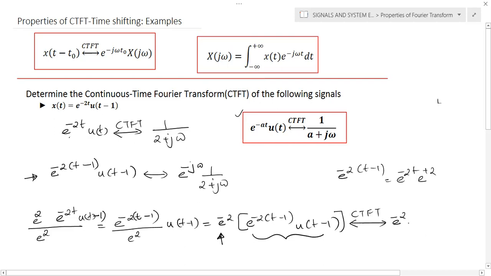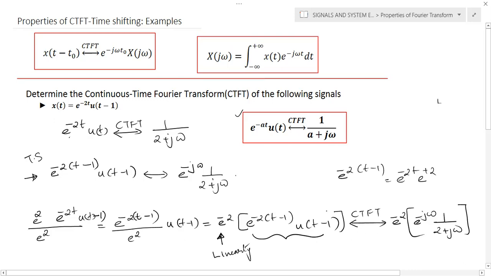So it becomes e raised to minus 2 into the Fourier transform of the second part, that is e raised to minus j omega into 1 by 2 plus j omega. So this is the final result. Here we are applying the linearity property and the time shifting property.